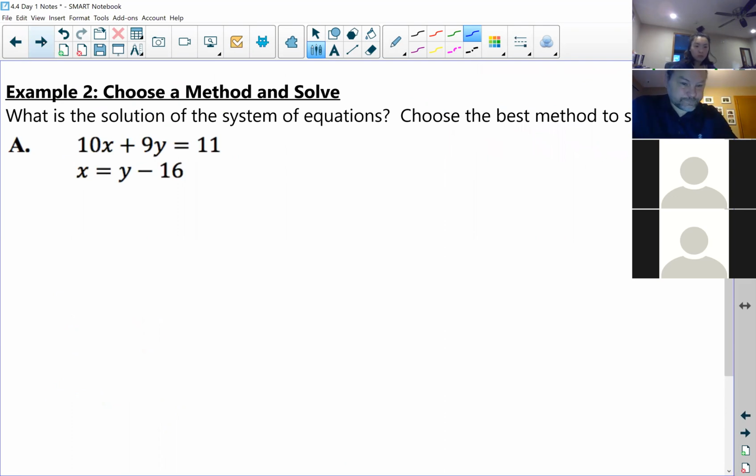All right. So now we're gonna choose a method to solve, and then we're gonna solve the system. So again, I'm still gonna use the polling. Tell me which method you think, and I will go with the most popular answer, and we will solve it whatever way that method comes up.